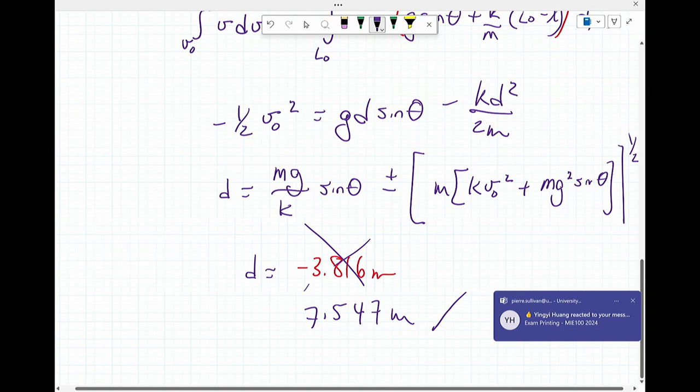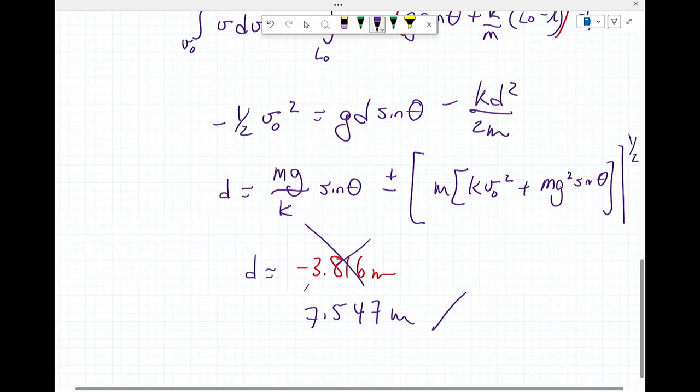We're engineers. That's not possible. On the other hand, that one is. And so the spring will compress by a distance of about 7.5 meters before reaching 0.